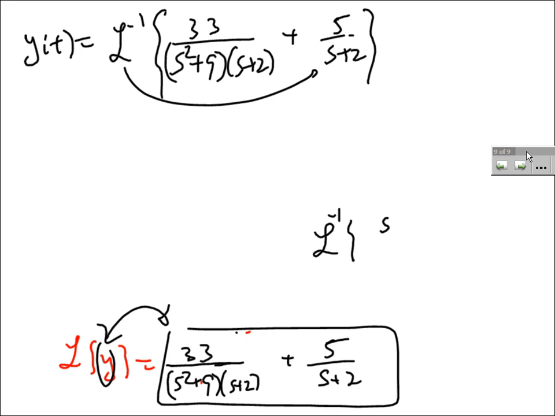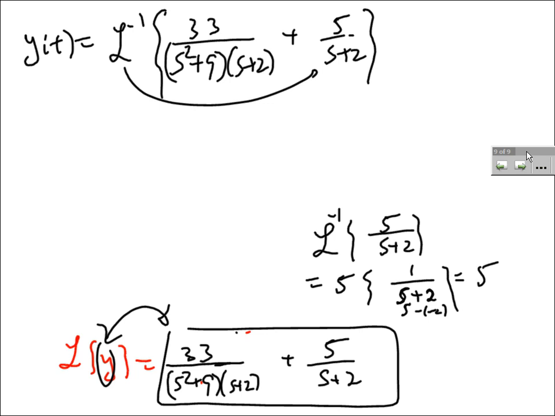L inverse of 5 over s plus 2. You can factor out the 5, and you have 1 over s plus 2. Now the 2, you don't worry about. Just remember that this bottom is the same as s minus negative 2.